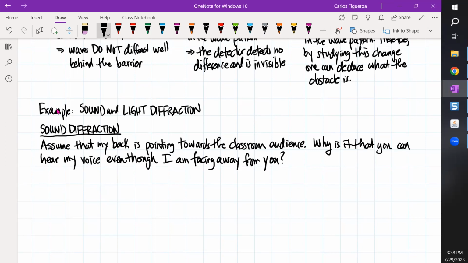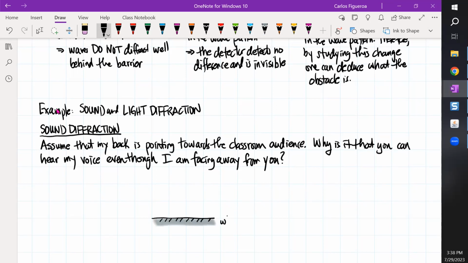So picture-wise, I imagine something like this. I imagine that I have a whiteboard. So I imagine that this is my whiteboard, and this is the back.